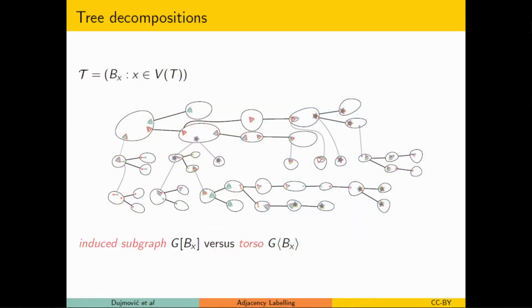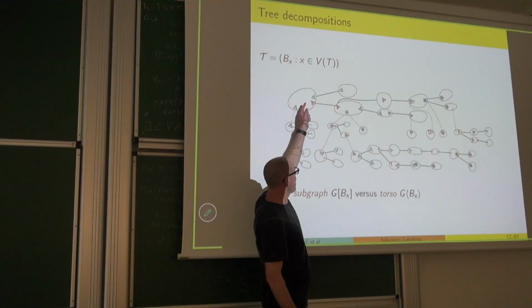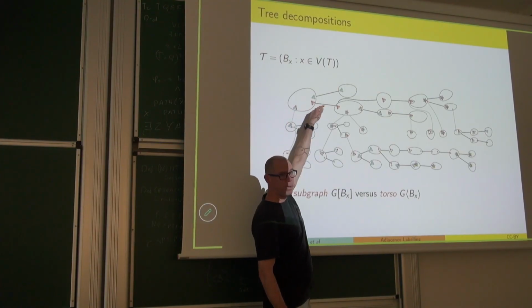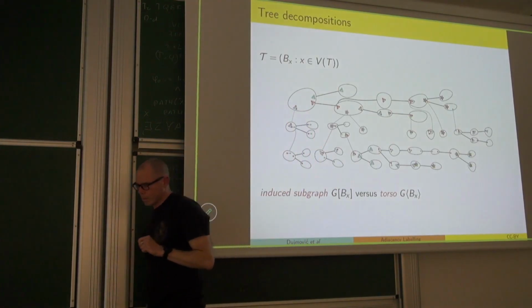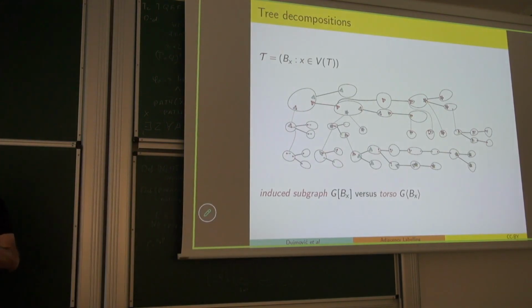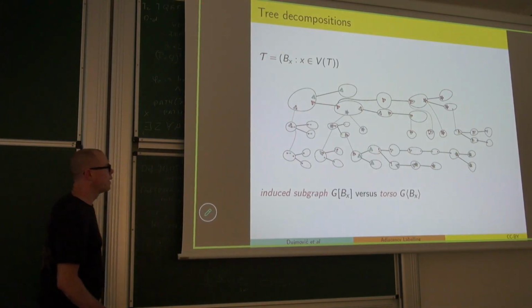Okay, and the important thing to note then is if I would take a walk around in this tree, you imagine that as walking around in the underlying graph. Well, to walk from this bag to this bag, I must pass through a vertex in this clique. So things are separated by these cliques.